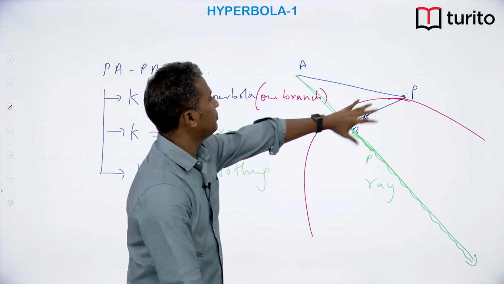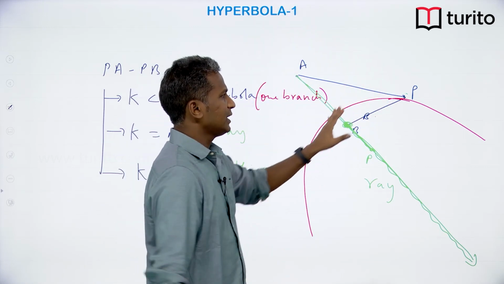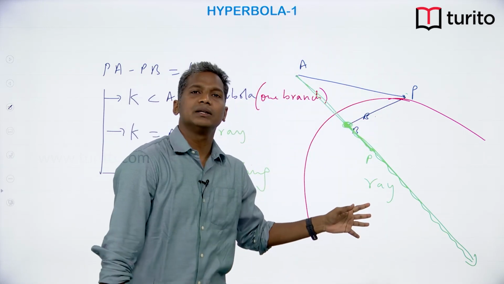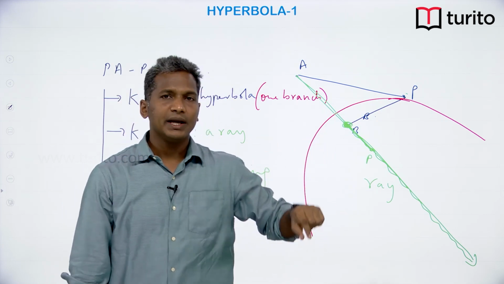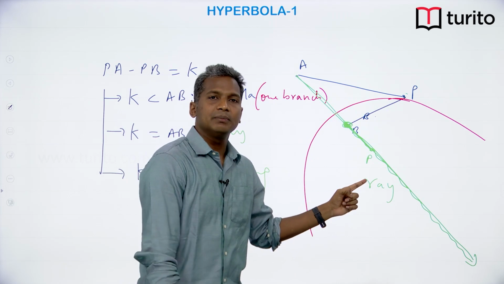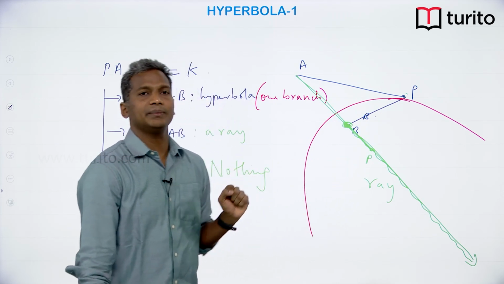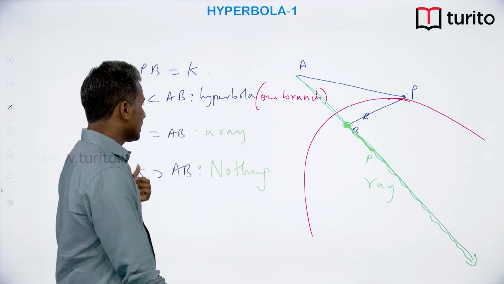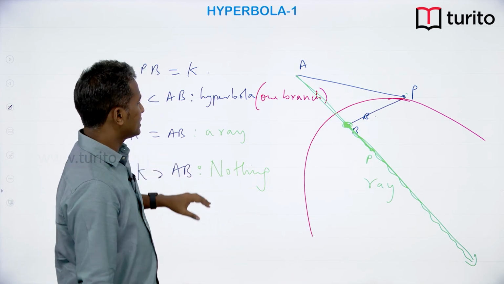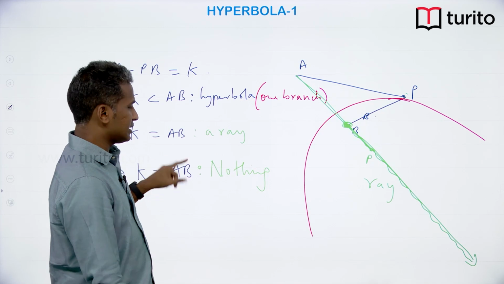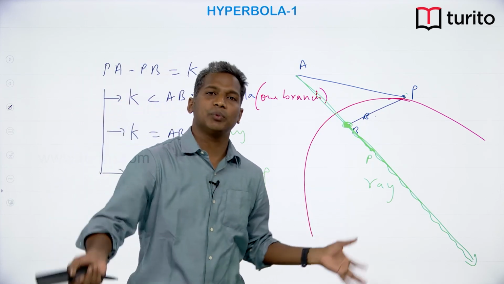So if P is not on the line, then PA minus PB must always be less than AB. If P is on the line, PA minus PB is equal to AB. Which means K can never be greater than AB. If K is greater than AB, we will not get any point satisfying this condition.